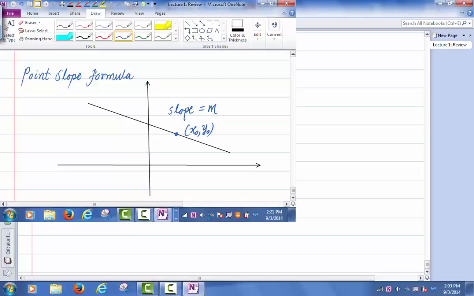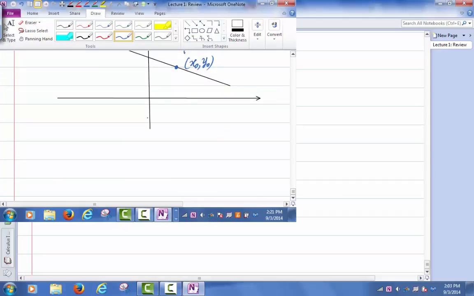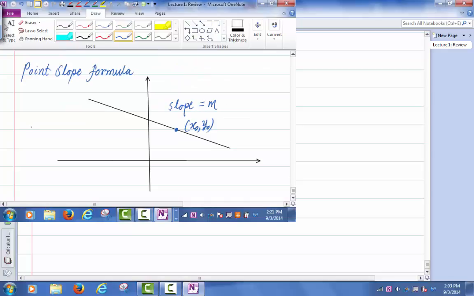So we want to write down the equation of the straight line with slope m going through the point (x0, y0). So what is the formula? Yeah, so your x1, y1 means my x0, y0, right? So you take y minus y0 equals the slope multiplied with x minus x0.